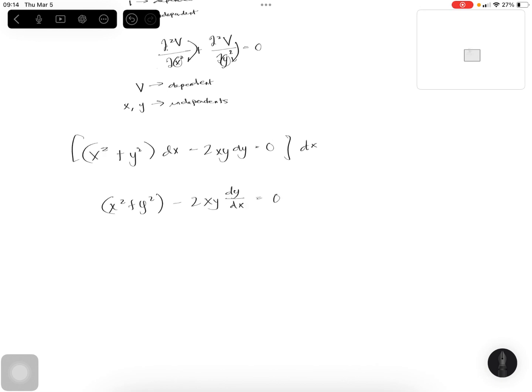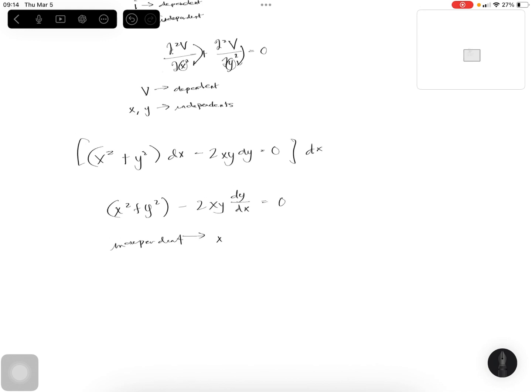In this particular case, the independent variable is x because y is being derived with respect to x. And the dependent variable conversely is y.